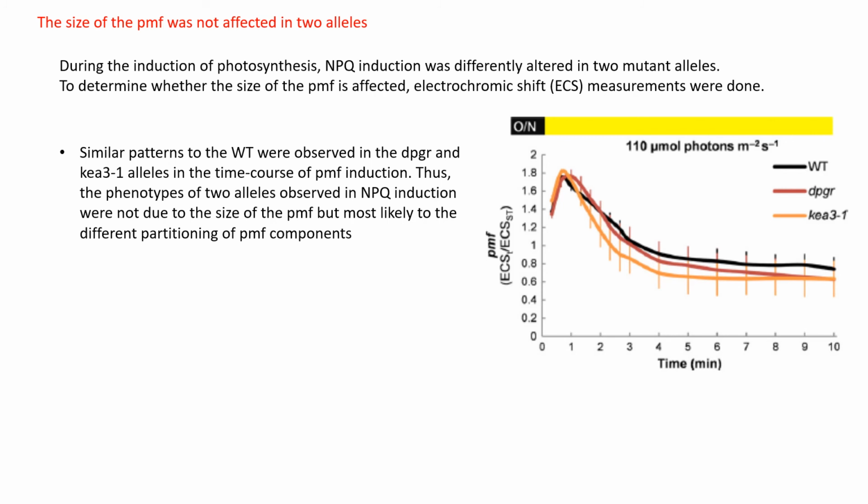Therefore, the phenotypes of these alleles observed in NPQ induction were not due to the size of the PMF, but because of how the PMF partitioning was done between the two components of PMF, that is the pH change or the electropotential change.